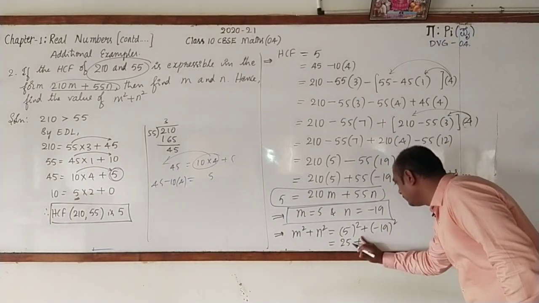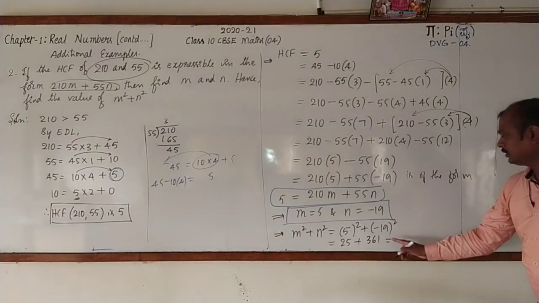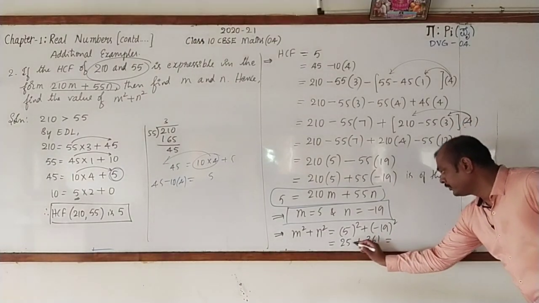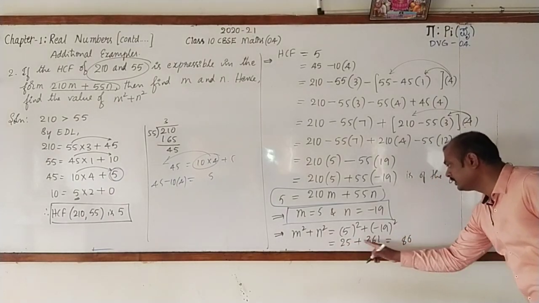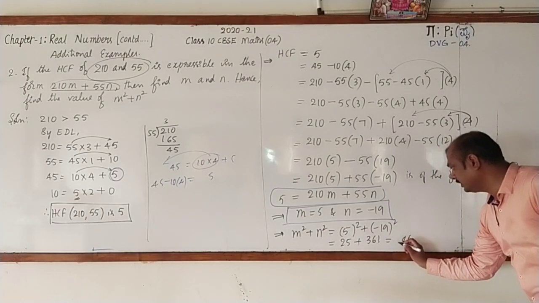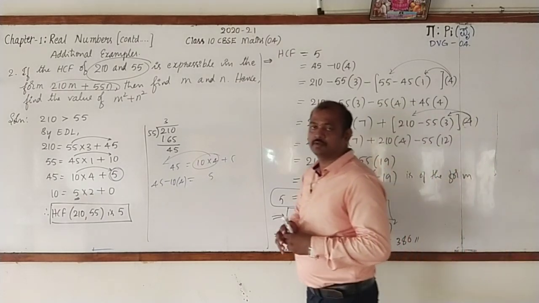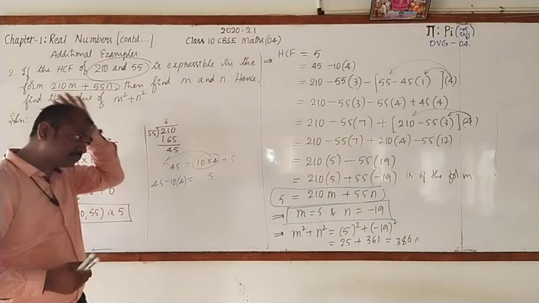So I'll write 361. It is equal to, what is 361 plus 25? 5 plus 1, 6, then 2 plus 6, 8, and 3 as it is, 386. Got it? It is a very important one.